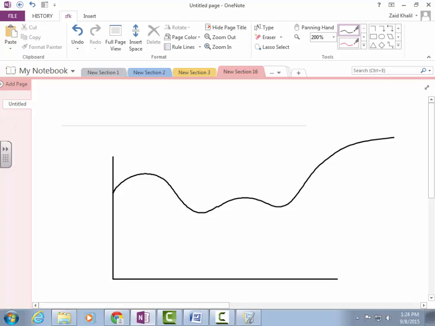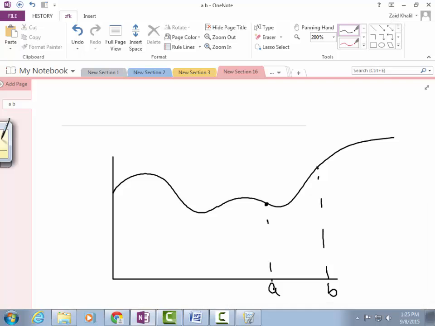Let's call them A and B, so t equals A and t equals B. What is the average velocity between A and B? How would you categorize the average velocity graphically? You make a secant between A and B. So I'll go and make a secant between A and B.